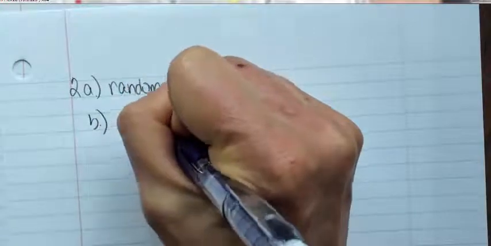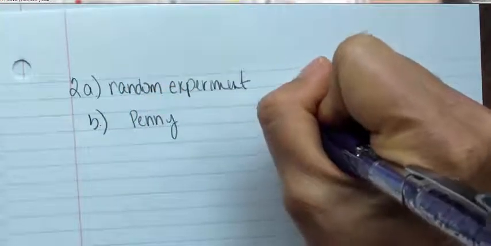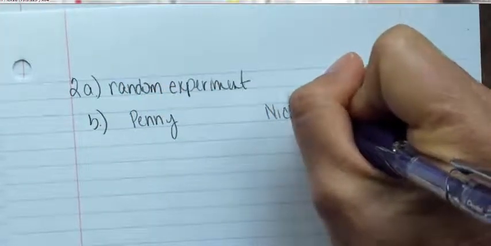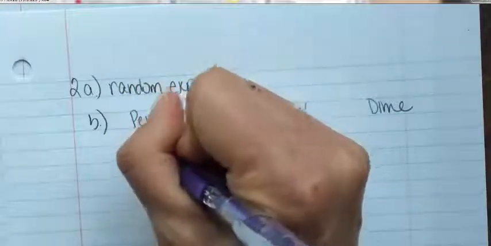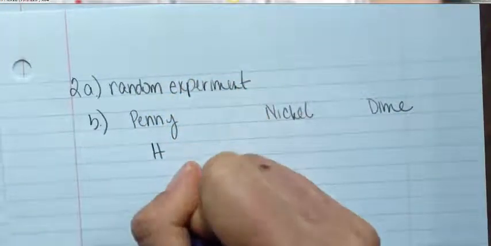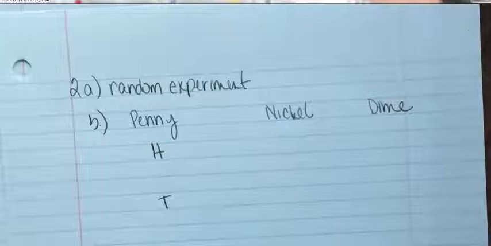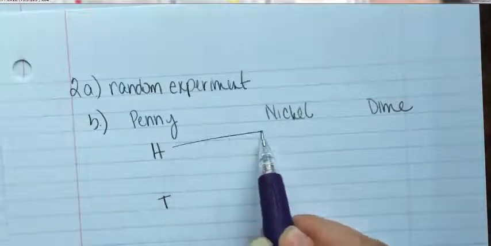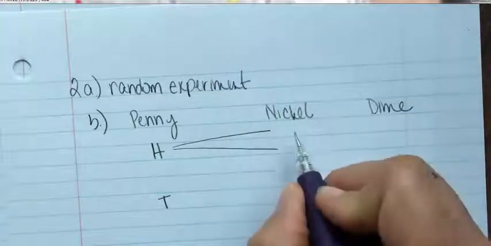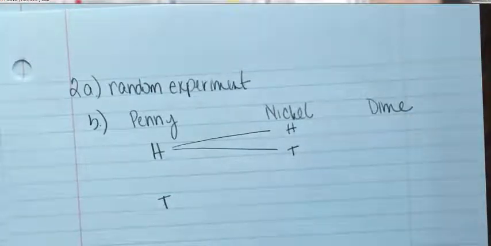When you use these tree diagrams, you can say, okay, I've got a penny, a nickel, and a dime. My penny can either land on heads or it can land on tails. Then my nickel will do the exact same thing. It's either going to land on heads or tails.